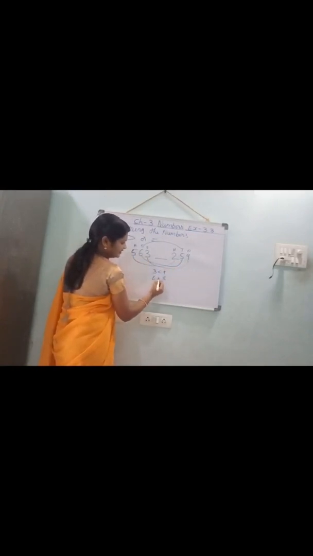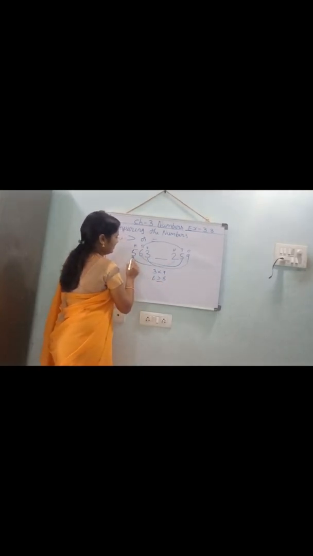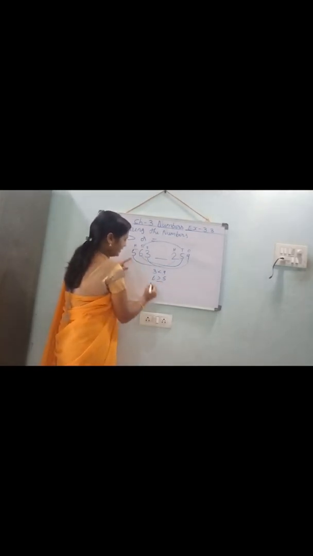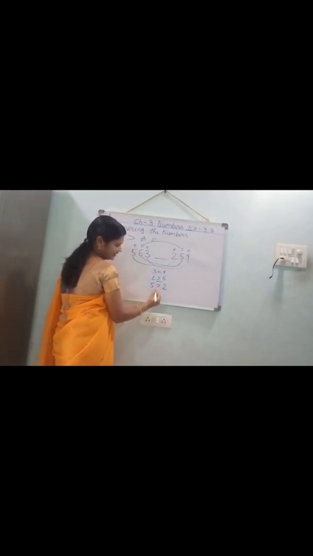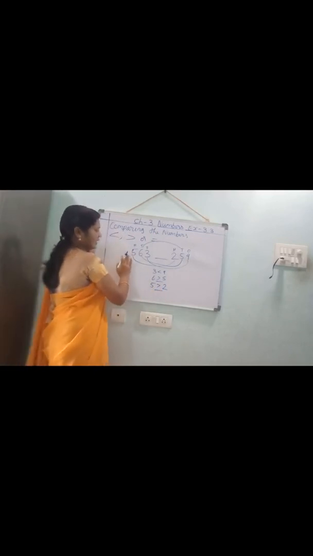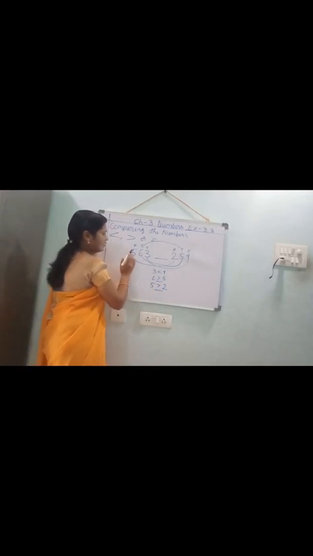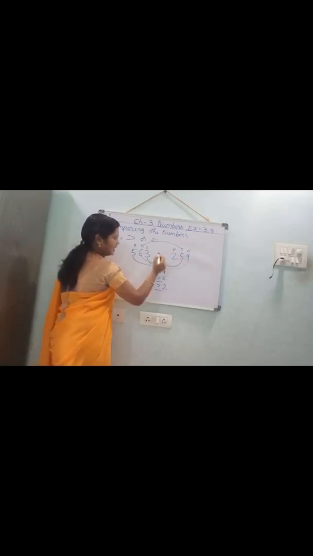Which one is greater? 6 is greater. Here hundreds place, 5, here 2. Which one is greater? 5 is greater. In hundreds, 5 is greater, which means 563 is greater than 259.